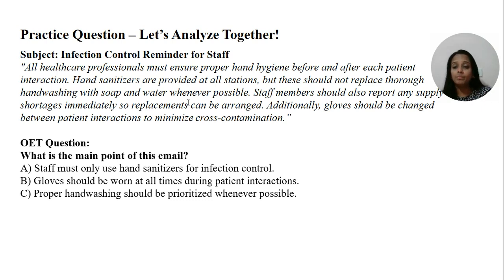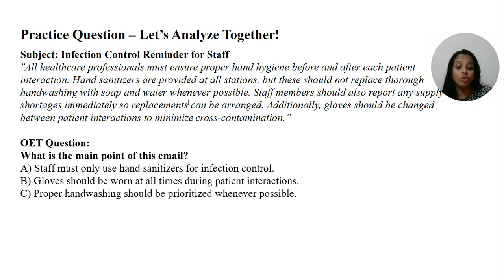Okay? So remember, as I told you, you can take your time, read the email, and try to focus on the key ideas. So, when it comes to the key idea, it mentions hand hygiene and says that sanitizer should not replace proper hand washing, right? It also talks about reporting supply shortage and changing gloves.